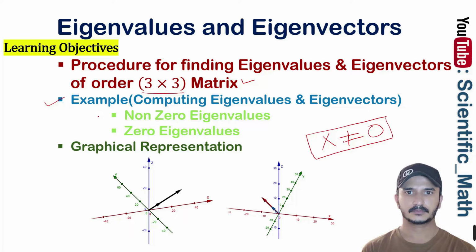We study two cases, non-zero eigenvalues and zero eigenvalues, and here we again say the eigenvector cannot be equal to 0 in any case. Then we also represent the eigenvalues and eigenvectors graphically. So let's start today's lecture.